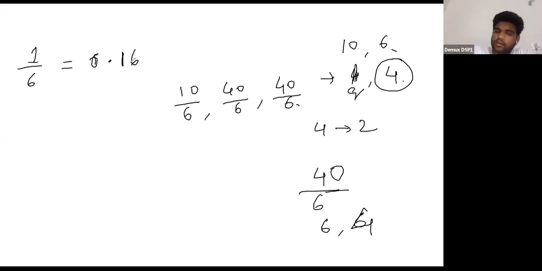But with the remainder also you can do it. The pattern is repeating here. Here the remainder was 4, here also the remainder is 4, but the pattern is repeating from here, right? Yes. So I think you can do this basically.